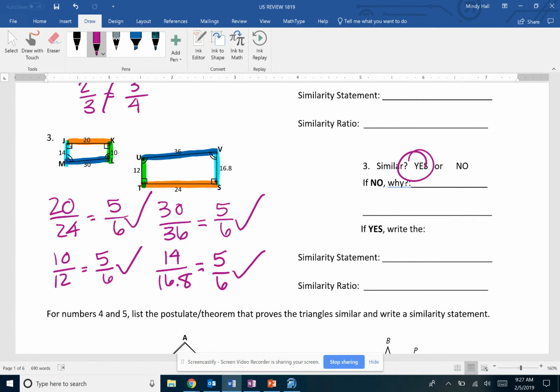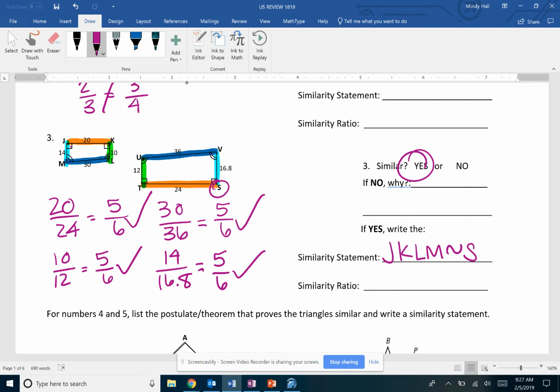Our similarity statement is just saying that one of these shapes is similar to the other, so you just use the letters, but remember they have to be corresponding. So I will start with JKLM is similar. Now J is my light blue and orange, so that means I'm going to have S first.